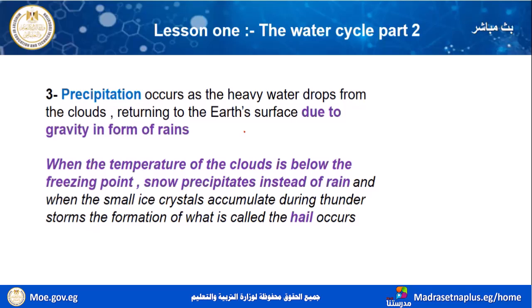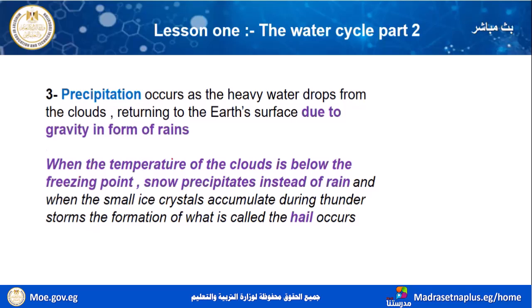So the temperature may be -5 or -4, and this temperature is below the freezing point. So in this case, the water will change from liquid state into solid state, and it will change into snow or hail. In this case, it will precipitate snow or ice or hail instead of rain.